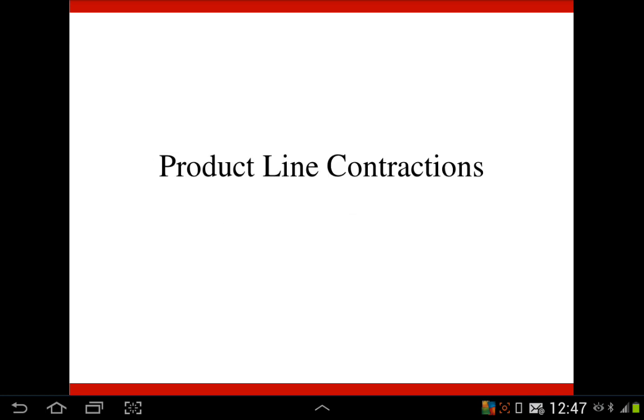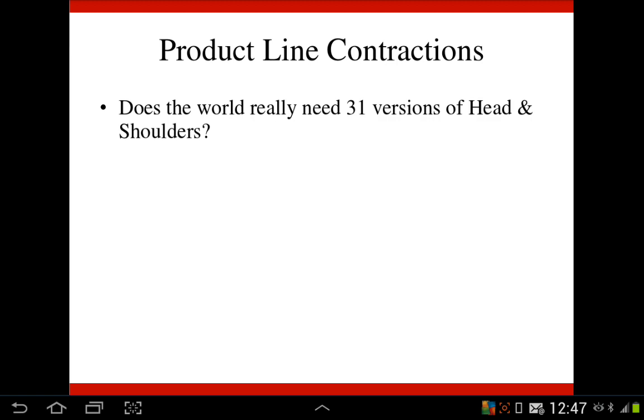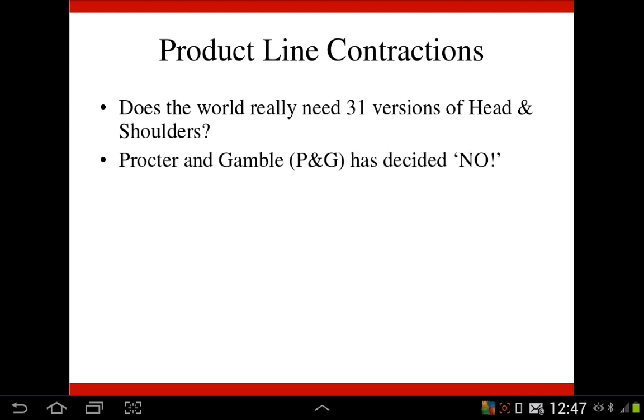Okay, and then we have product line contractions. This is where you reduce the items in your product lines. The question here is, does the world really need 31 versions of Head & Shoulders? That's what Head & Shoulders used to have. Procter & Gamble, the company that owns Head & Shoulders, said no. So they contracted. Contract means to make smaller.